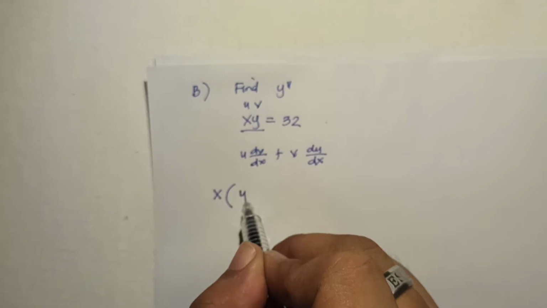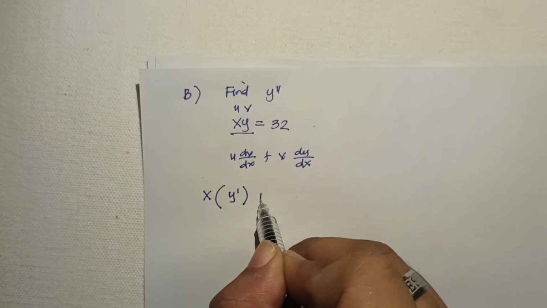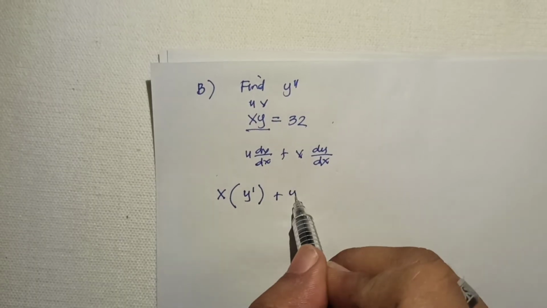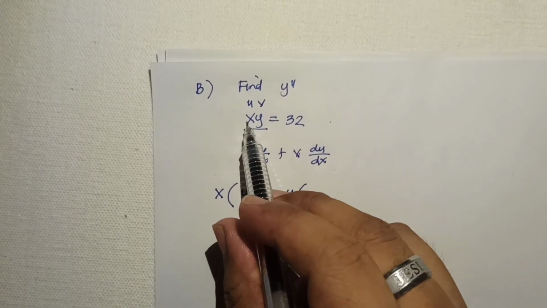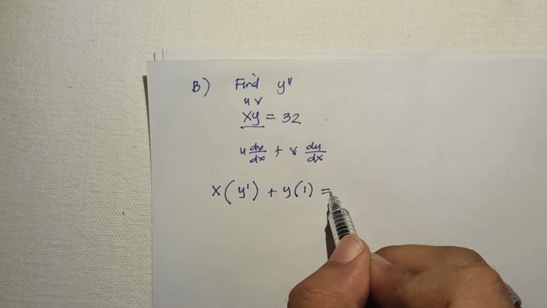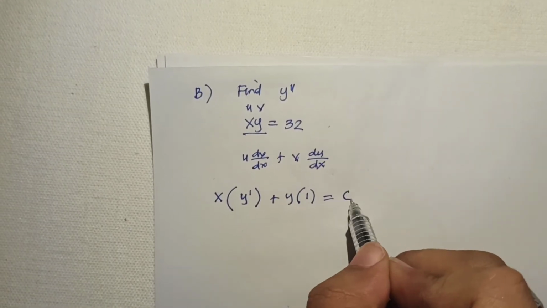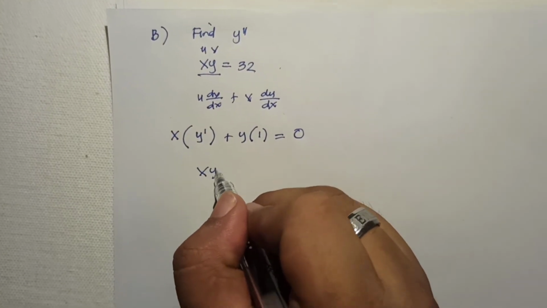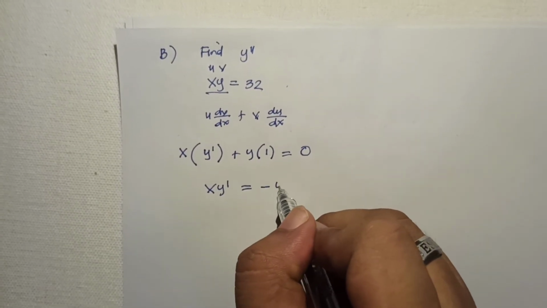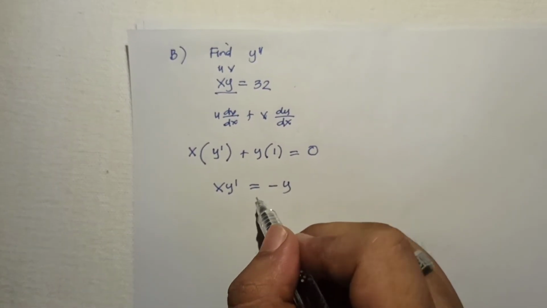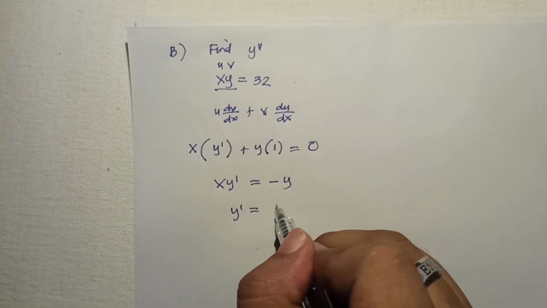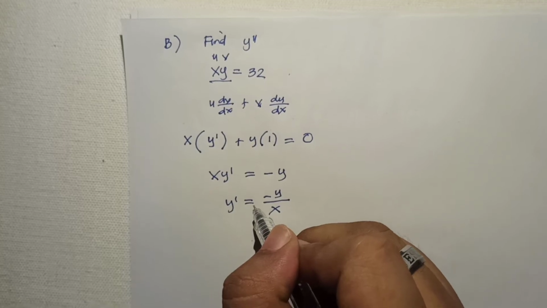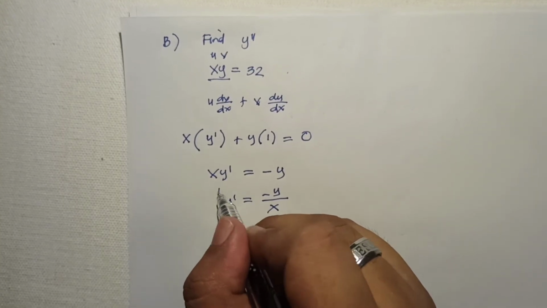Since it's implicit, this becomes y prime, plus copy v, which is our y, times the derivative of x, which is 1, and the derivative of 32, that is 0. So we have x y prime is equal to negative y, and y prime is equal to negative y over x. So this is our first derivative.